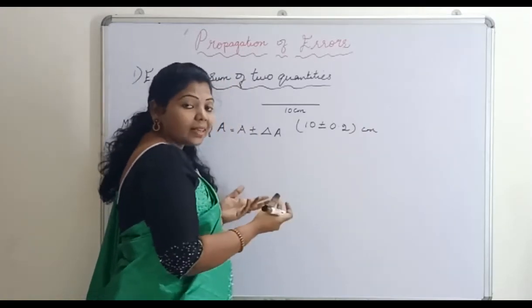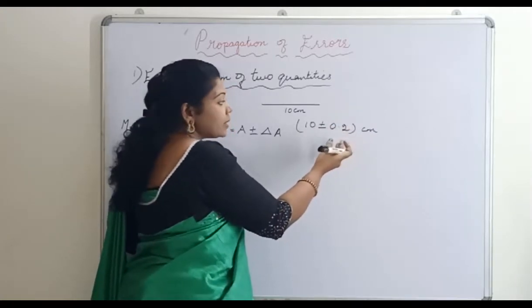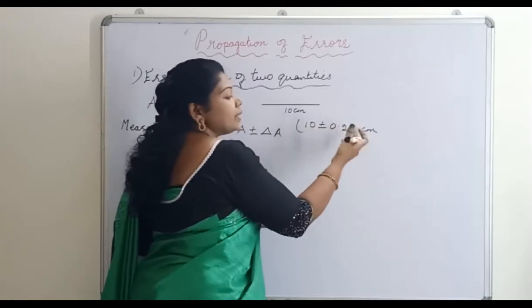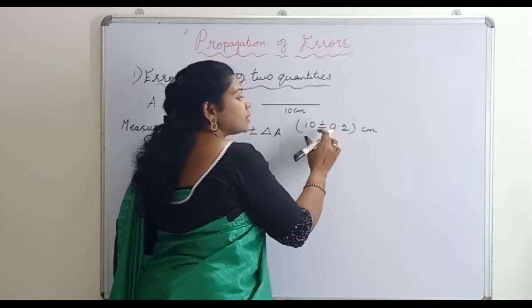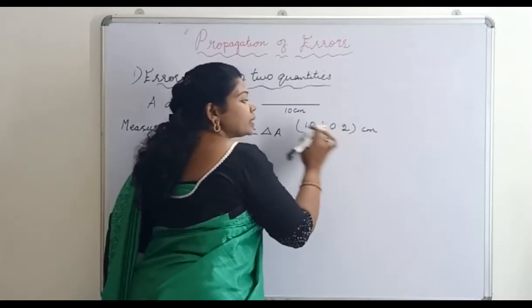The student is saying that it may be 10 plus 0.2 centimeter, or it may be 10 minus 0.2 centimeter. That is, 0.2 centimeter may be more or less. So this 0.2 here is the error.